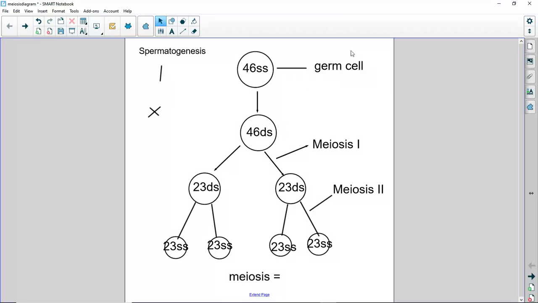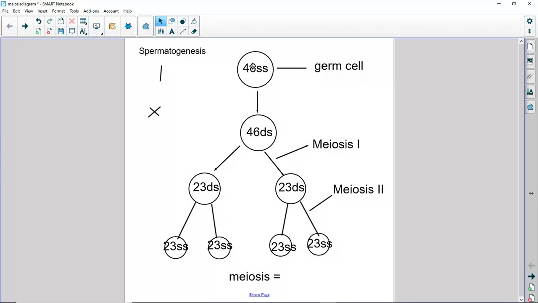However, in the germ cell, that's the precursor cell, there are 46 chromosomes. That 46 must duplicate once, so you have 46 double-stranded chromosomes, going from single to double, which are identical. And identical chromosomes are then going to start to separate.